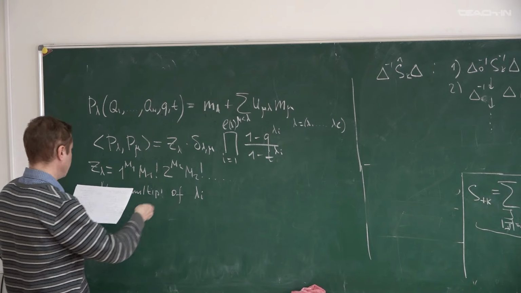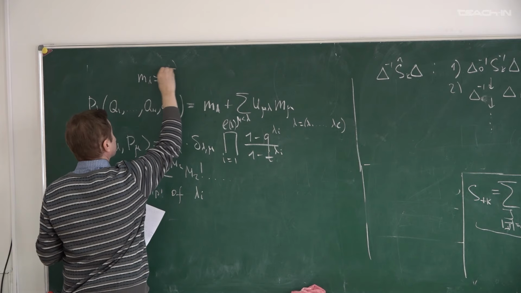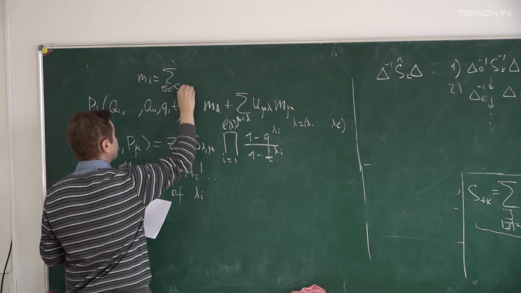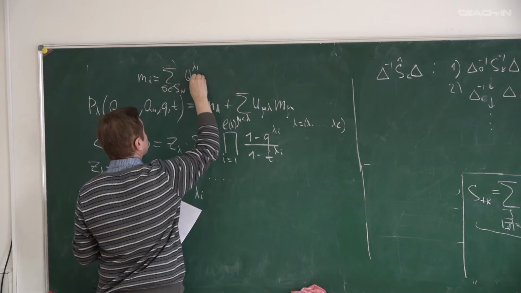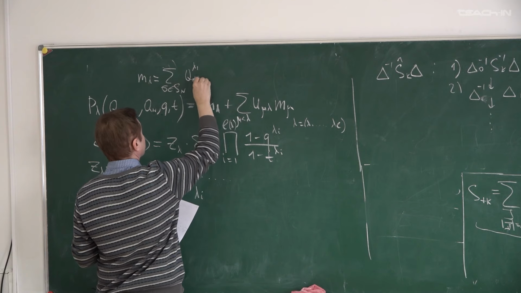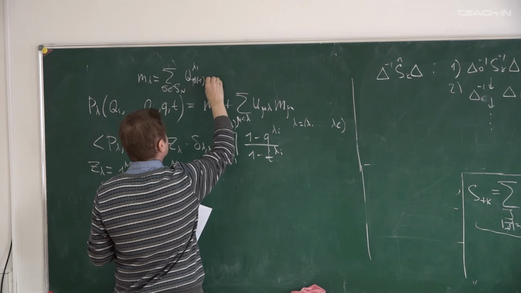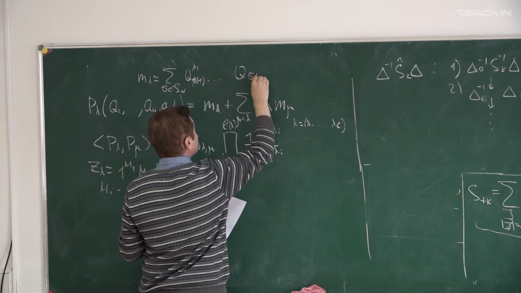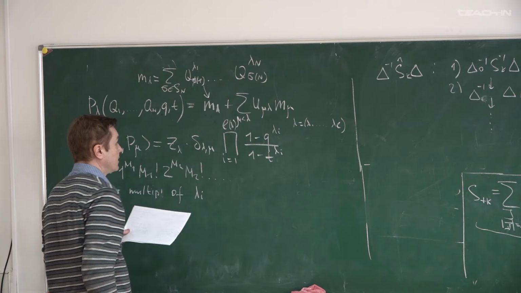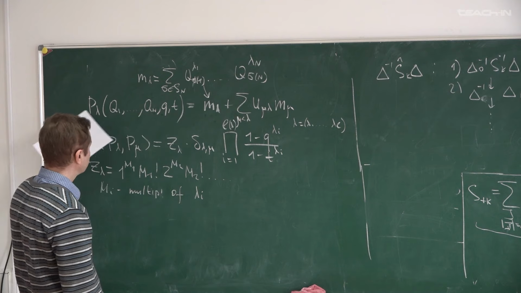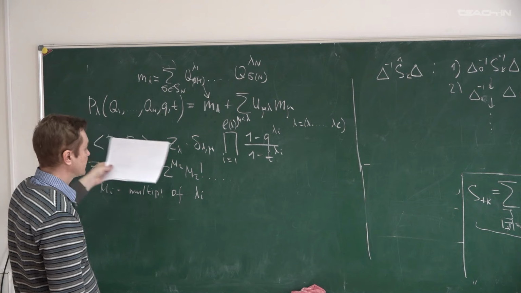And let me recall that this M, the symmetric monomial, is just a sum over all elements of the symmetric group, q sigma of 1 to the power of lambda 1, and so on. So these are symmetric monomials, and we use this basis, and in this basis, McDonald polynomials are somehow represented.